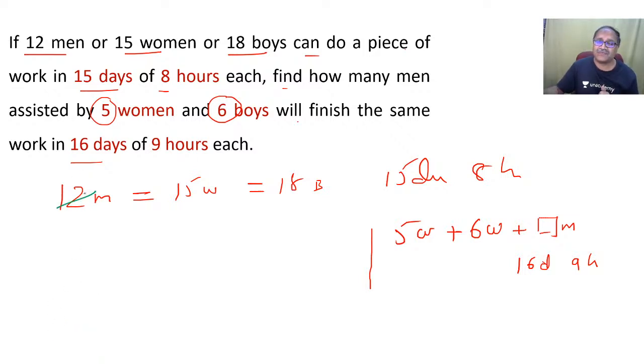Now let's cancel this by 3. That's 4 times, then 5 times, and then 6 times. So what is the efficiency?